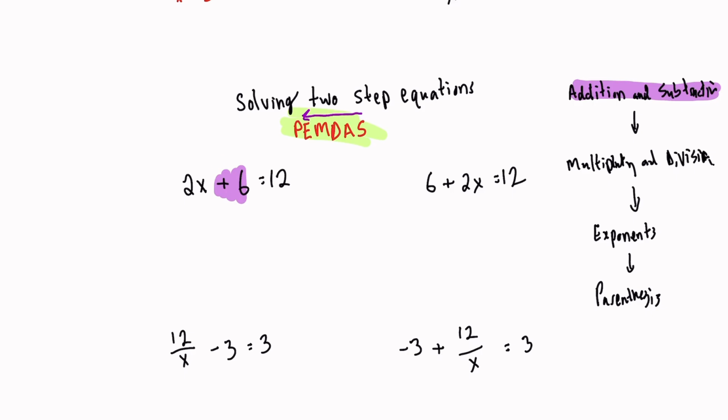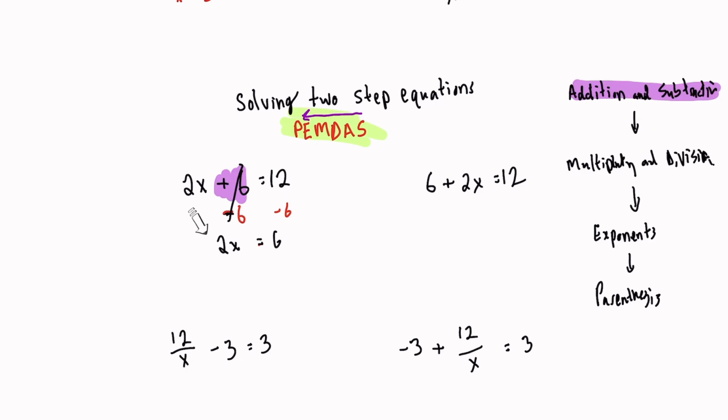Just like before, the opposite of addition is subtraction, so you would subtract 6 from both sides. So minus 6, and then 12 minus 6 is 6. Bring everything that's remaining down, so 2x.